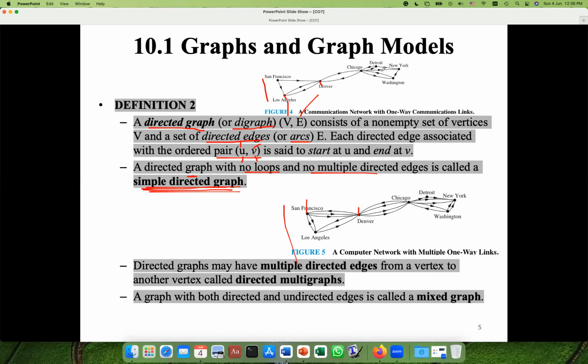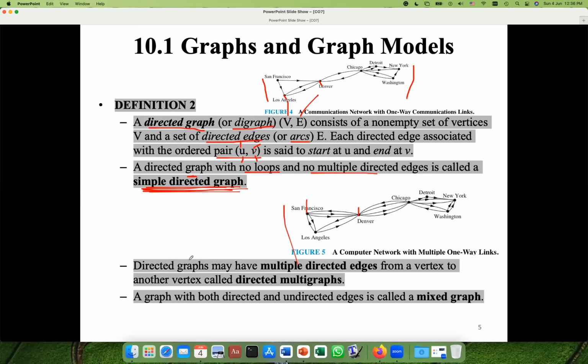On all the edges, the direction is different. So you don't have multiple paths in this graph, and also you don't have loops in it. That's why this is an example of a simple directed graph, because this graph does not have any loop or multiple edges.